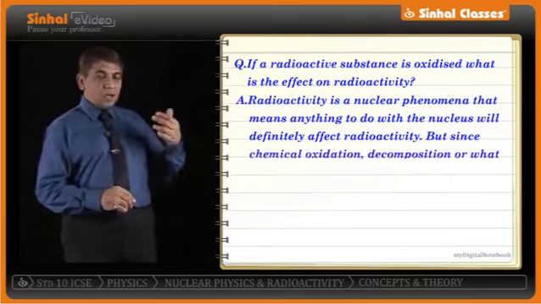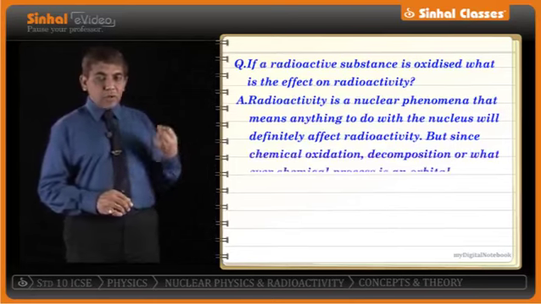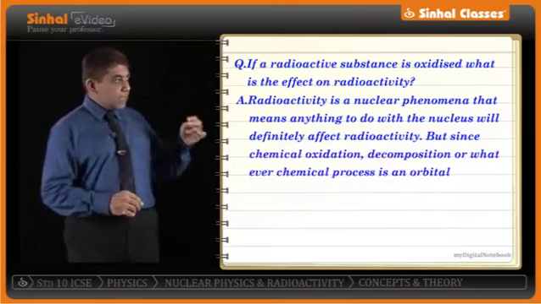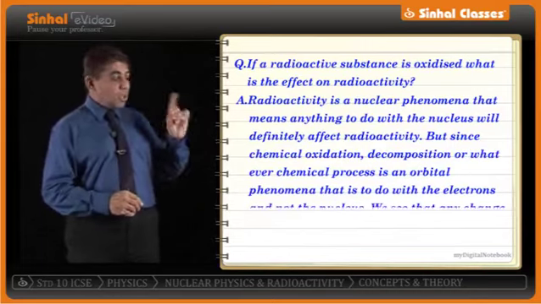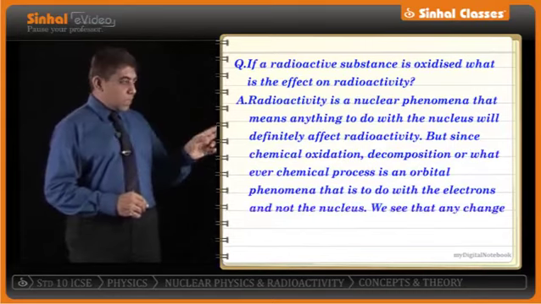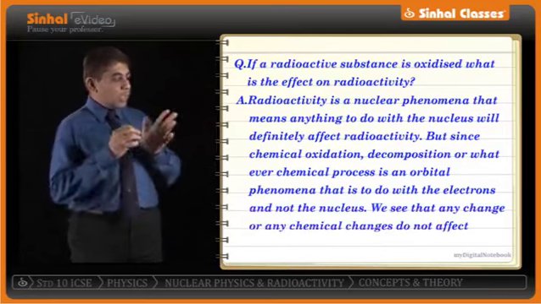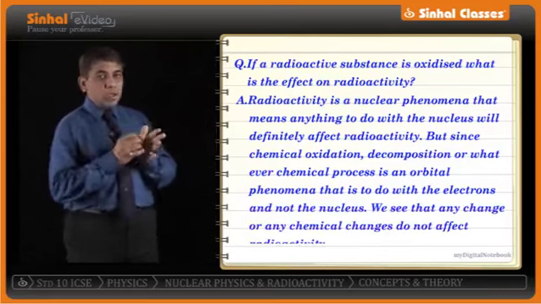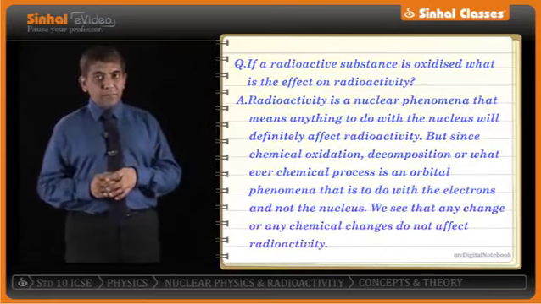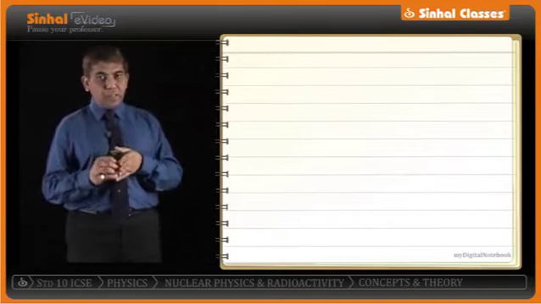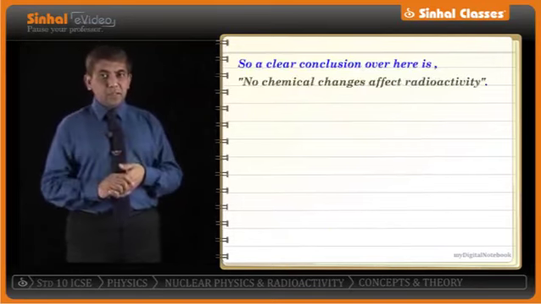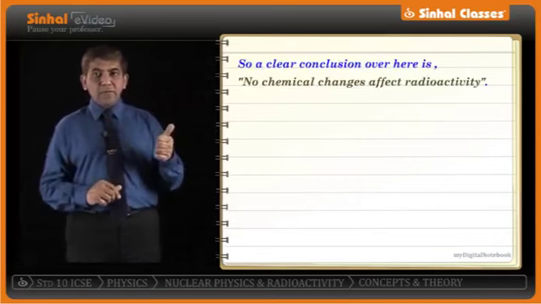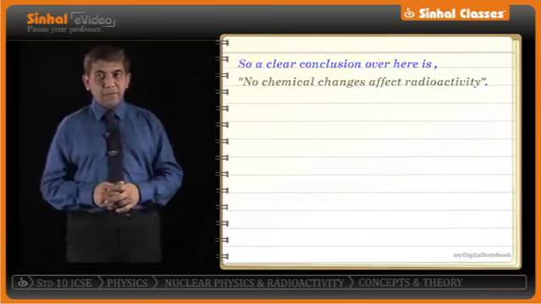But since chemical oxidation, decomposition, or whatever chemical process is an orbital phenomenon that is to do with the electrons and not the nucleus, we see that any chemical changes do not affect radioactivity. So a clear conclusion over here is no chemical changes affect radioactivity because radioactivity is a nuclear phenomenon.